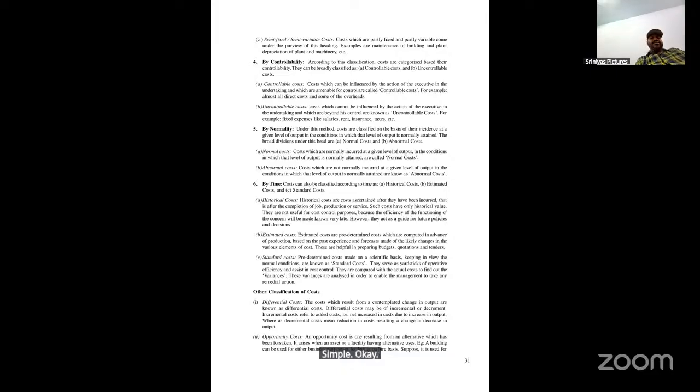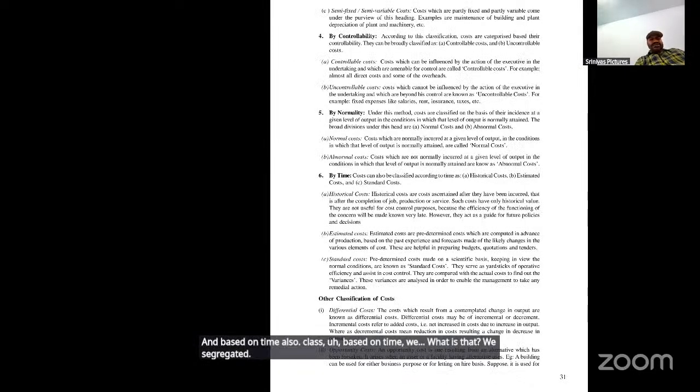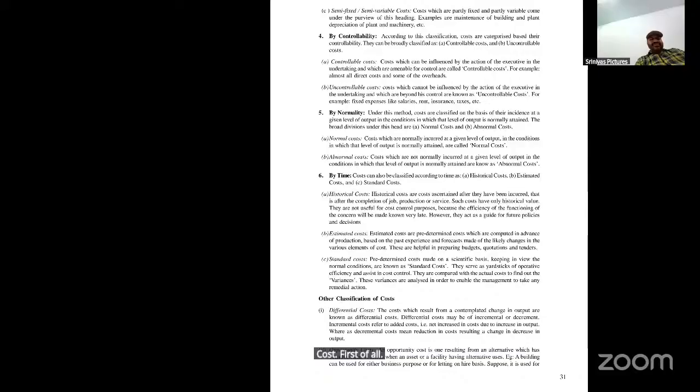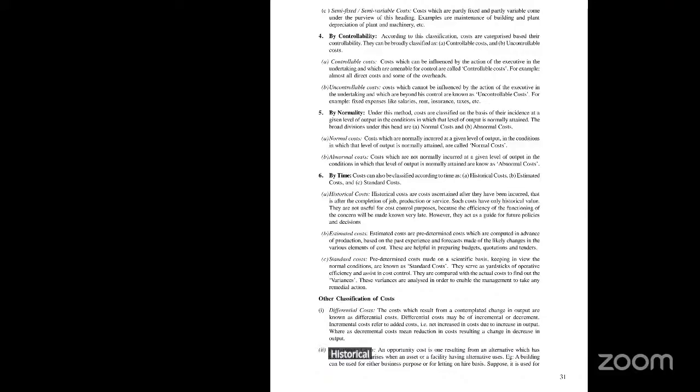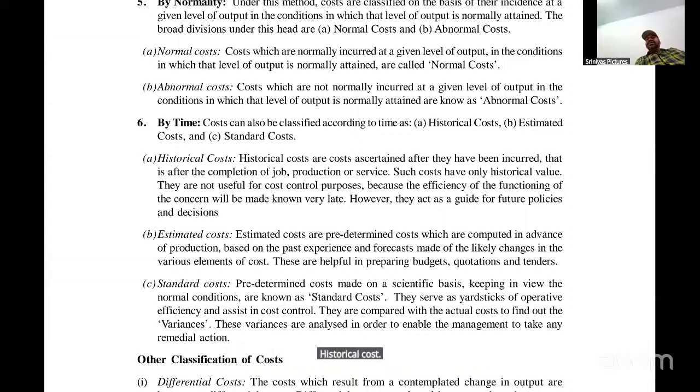And based on time also, we segregate cost. First one is historical cost. Historical cost means the cost ascertained after it is incurred.